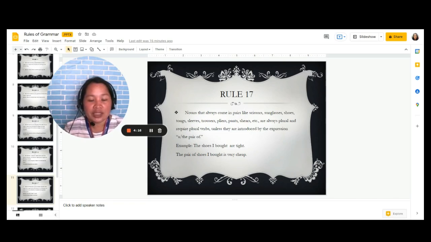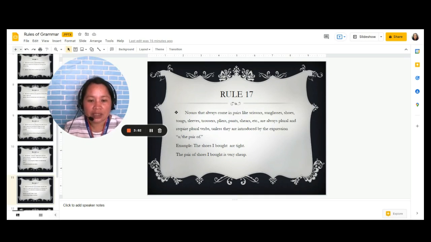Next, we have rule 17. Nouns that always come in pairs like scissors, sunglasses, shoes, tongs, sleeves, trousers, pliers, pants, shears, etc. are always plural and require plural verbs unless they are introduced by the expression the pair of.